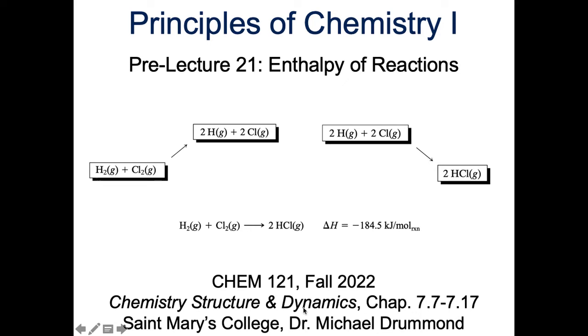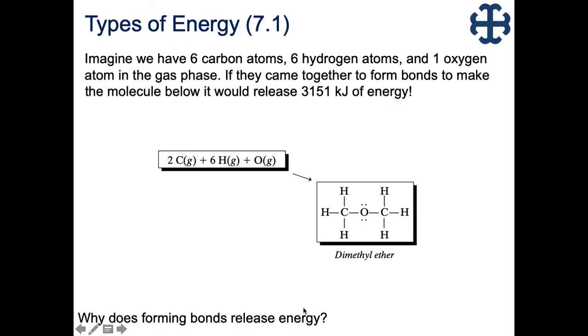With that, last class we talked about why forming bonds releases energy, and I told you that they do release energy. Just a reminder that when bonds form, they release energy because we get a stabilization of our potential energy, since our electrons and protons are attracted to each other.